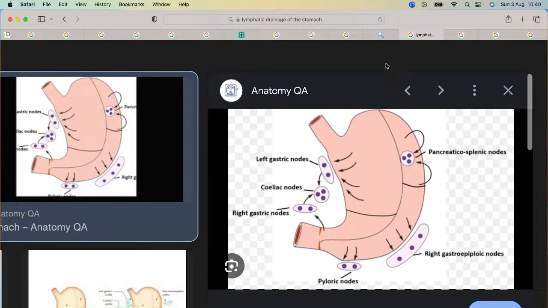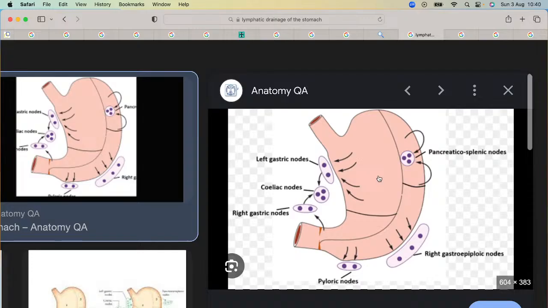Now there are three areas that you need to talk about. This is the first area, including the fundus, the body, and the pyloric part. Then we have the second area. This is area number 2, and this is area number 3. There isn't much they need you to say. You need to be able to draw this diagram and separate the stomach into these three portions and call them area 1, area 2, and area 3.